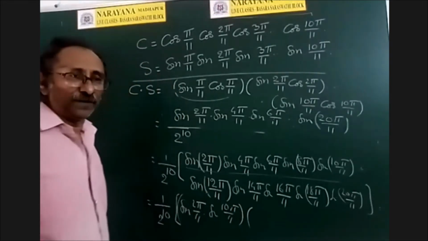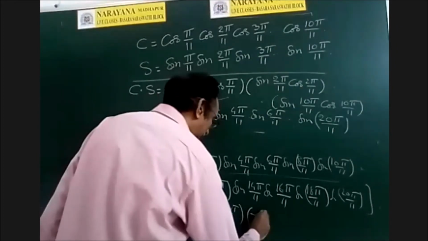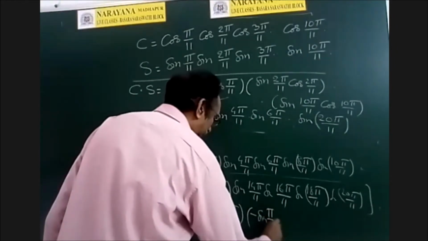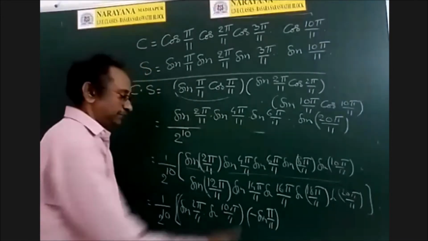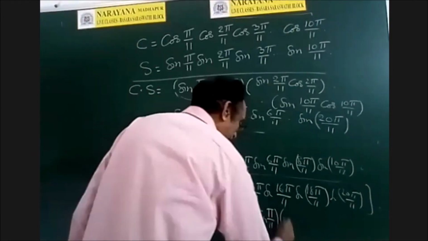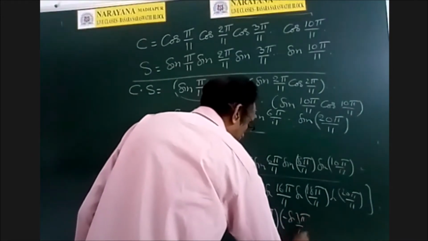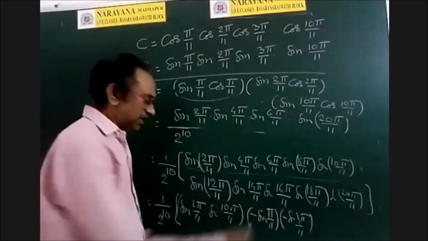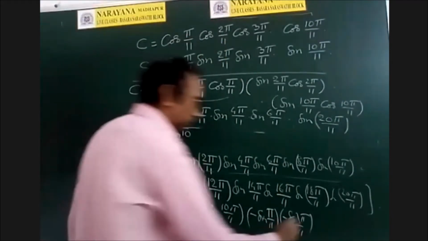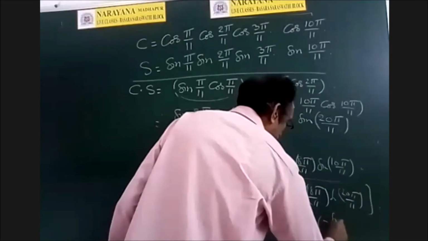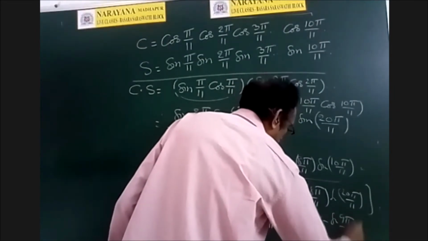This sine 12 pi by 11, I am going to write this as minus sine pi by 11. This as minus sine 3 pi by 11. Or I will show once again here how I get that. So minus sine 9 pi by 11.